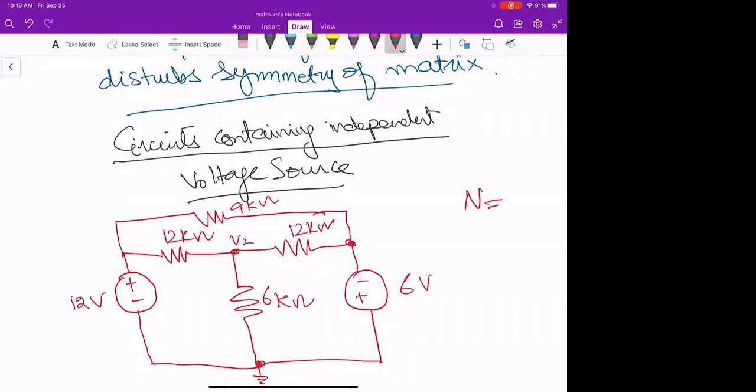Three. Okay. Oh, no, four. Yes, so the nodes are 4, and the non-reference nodes are 3. Okay, we are good.